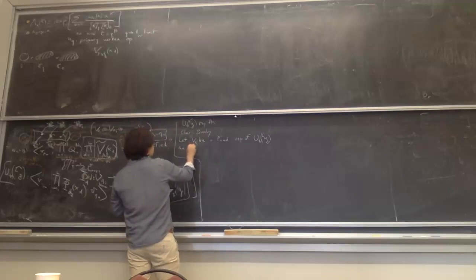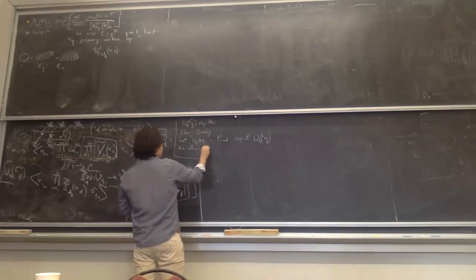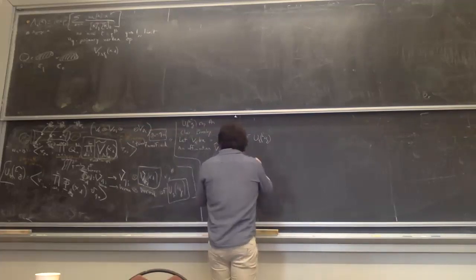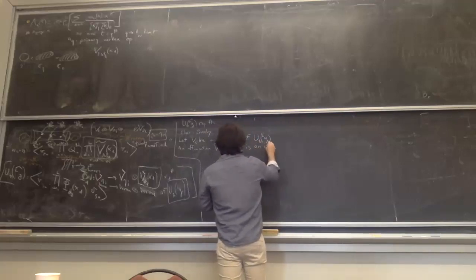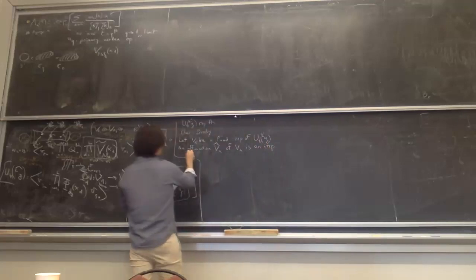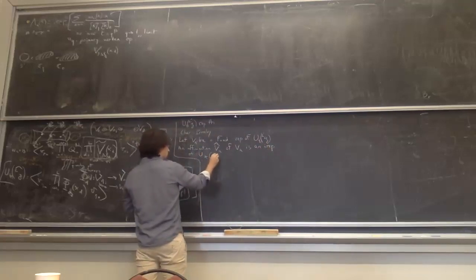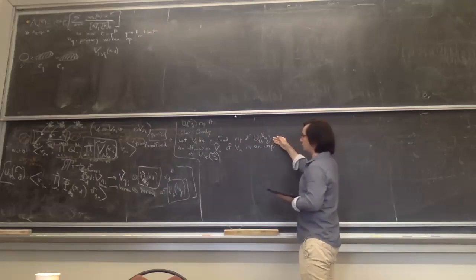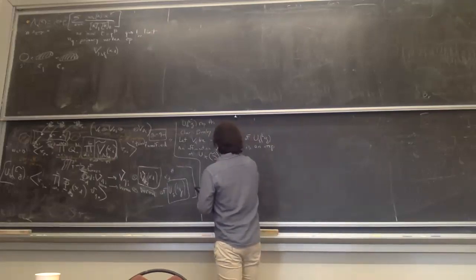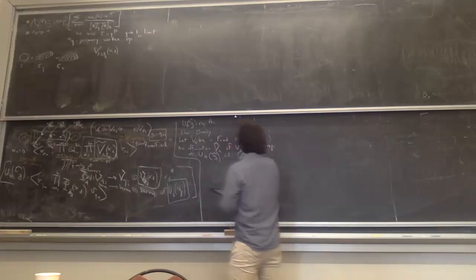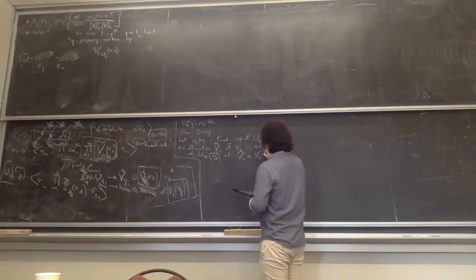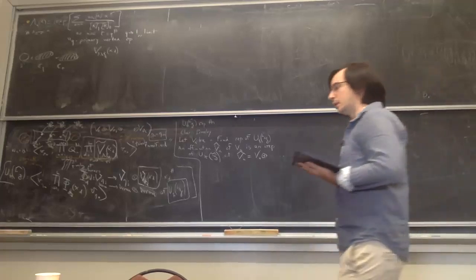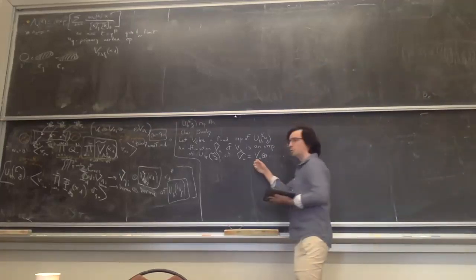An affinization V hat of V is an irreducible representation of the quantum affine algebra, which, when viewed as a decomposition in terms of finite modules, looks like the following: V_A hat equals V_A with multiplicity 1 plus lower dimensional, smaller representations. That's called an affinization of a fundamental representation.